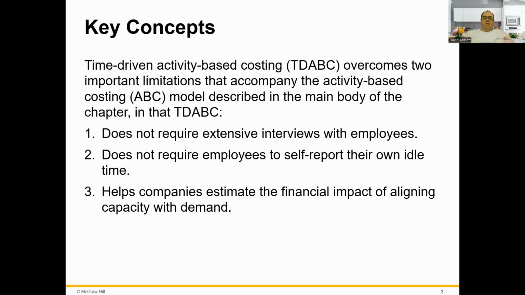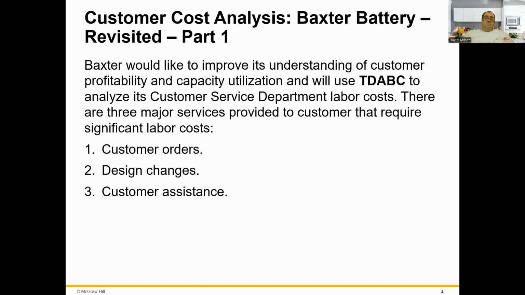Time-driven activity-based costing, or TDABC, overcomes two important limitations that accompany the activity-based costing, or ABC model, that we spoke of earlier, in that TDABC does not require extensive interviews with employees, does not require employees to self-report their idle time, and it helps companies to estimate the financial impact of aligning capacity with demand.